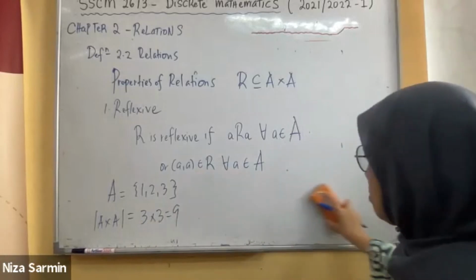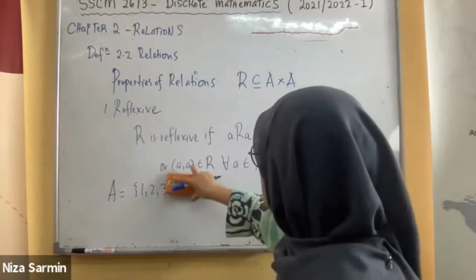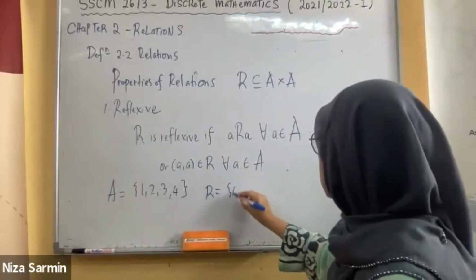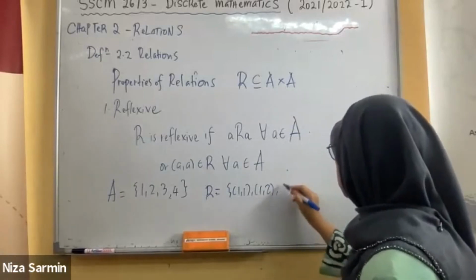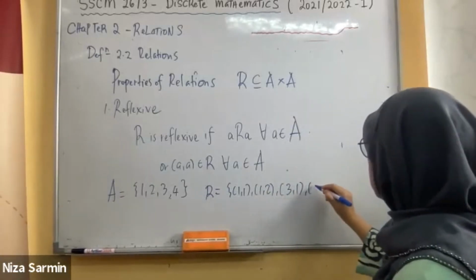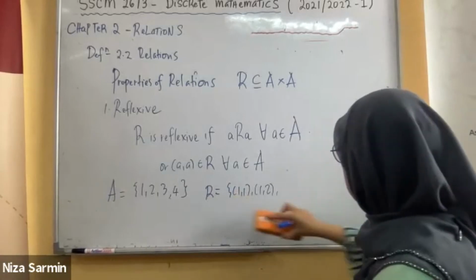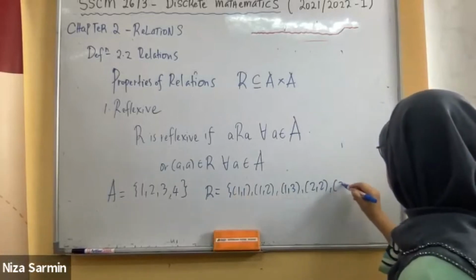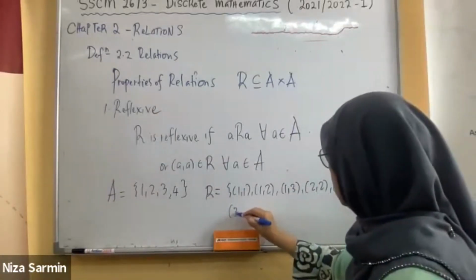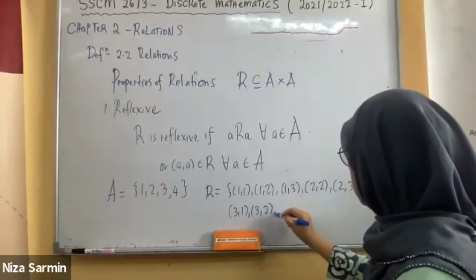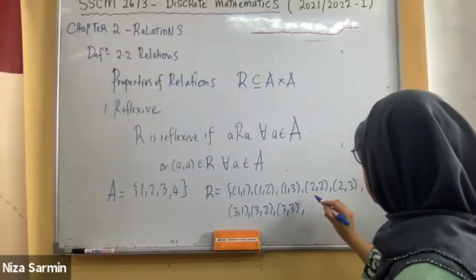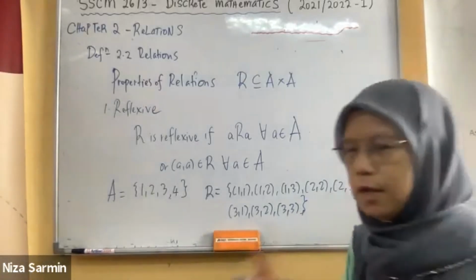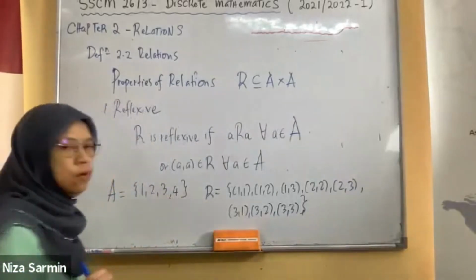Okay, let me give another example. That is the set A, 1, 2, 3, 4.